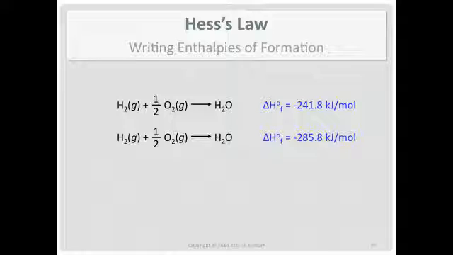Let me go put the right state labels on these. For the top one, it's gaseous water, and for the bottom one, it's liquid water. So the states are critical. Don't forget them. The reason for the difference between the liquid and the gas, it takes enthalpy to vaporize something. So that's why the value for the gas is smaller than the value for the liquid.